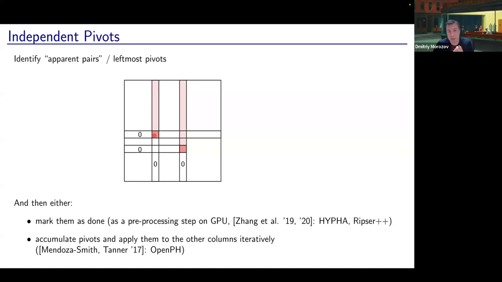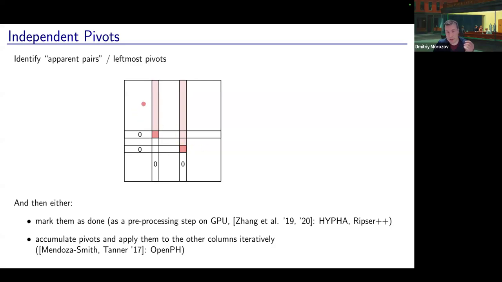A pivot is leftmost if it's the lowest non-zero in its column and the leftmost non-zero in its row. Suppose you identify a bunch of these pivots, now you can zero out their respective columns, and maybe even rows. I forget exactly how these things are done. Then you can peel off those columns, and rinse and repeat.